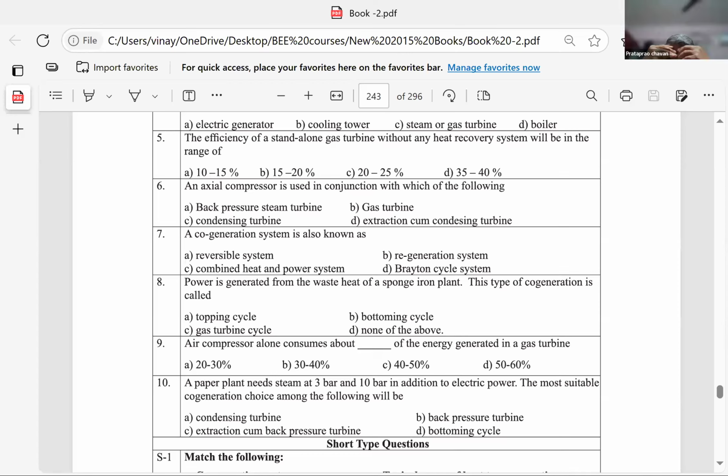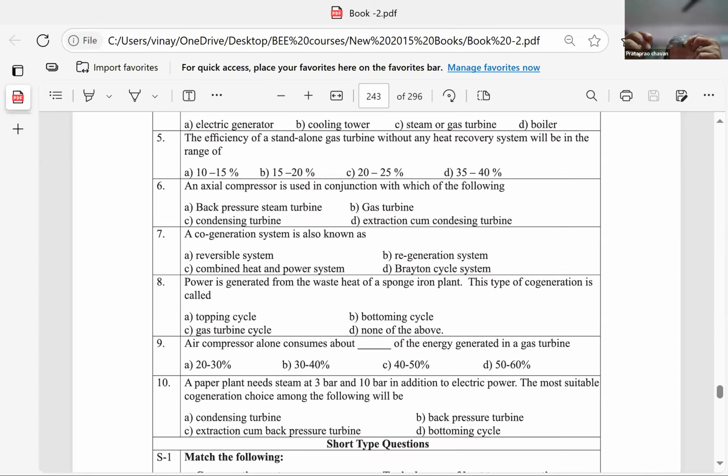Then 10: a paper plant needs steam at 3 bar, that means 3 kg per centimeter square, and 10 bar, in addition to electrical power. That means it should have two tapping points at 3 kg pressure and 10 kg pressure. The most suitable cogeneration choice among the following will be C, extraction cum back pressure.